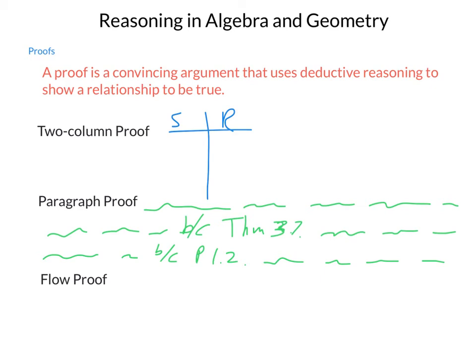Now, a flow proof, the main ideas, the items that would come across as our statements, are given in bubbles. And either underneath them or sometimes in a catalog off to the side, we give justifications. And this is a way of organizing items that flow together. So this item makes us think of this item, which tells us this next piece.